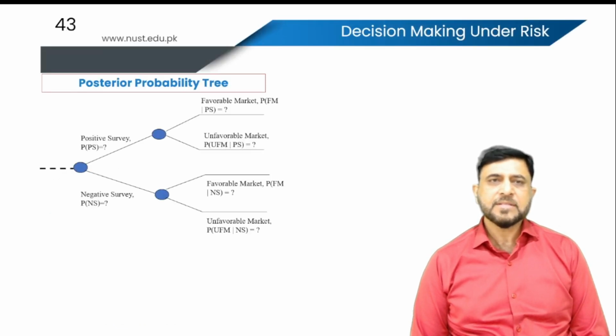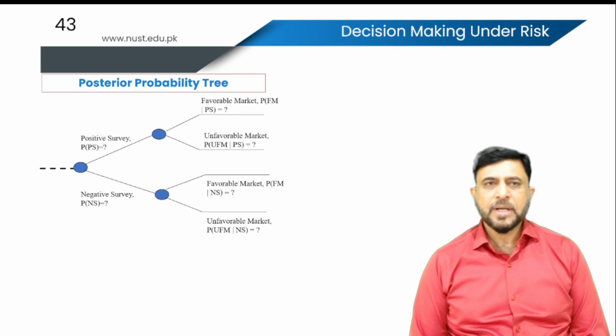We can convert this diagram into posterior probability, where we have to know the favorable or unfavorable market depending on the positive or negative surveys. So these are posterior probabilities, they are not known. How can we calculate it?